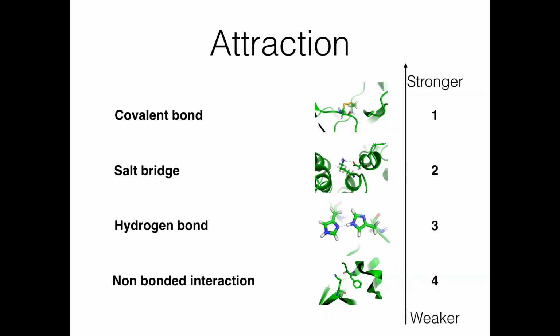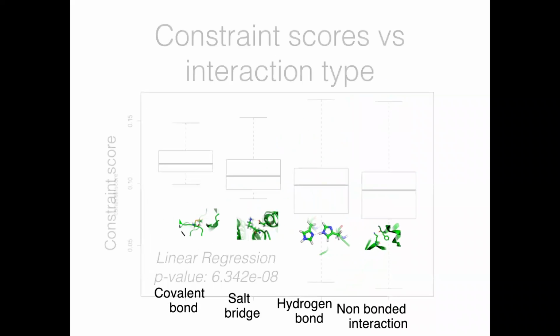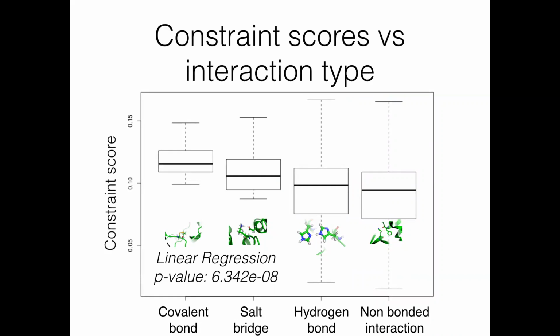And if we plot this against the constraint scores, we'll see something like this. The constraint scores, again, were presented earlier in the journal club. These are missense constraints. If you don't remember, it's a measure of how constrained, in this case, an amino acid is to mutate, based on the observed mutations in ExAC and the predicted mutation rate.